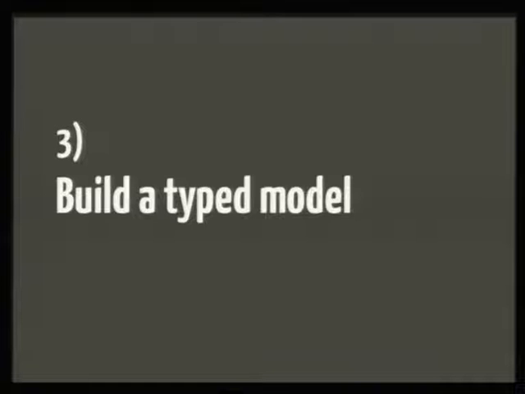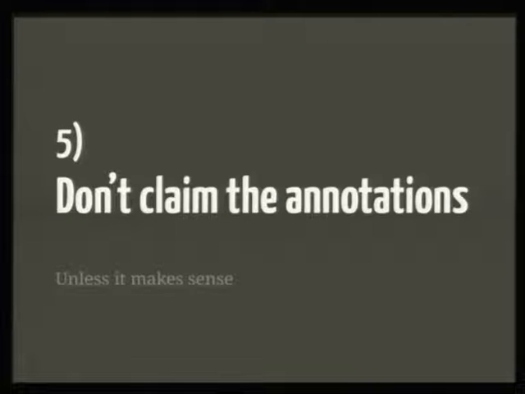You don't want to use the element API forever, because it's highly generic, and one can get lost very easily. Tie errors to the elements, as I said. Don't claim the annotations. Always return false unless you are absolutely sure that it makes sense.